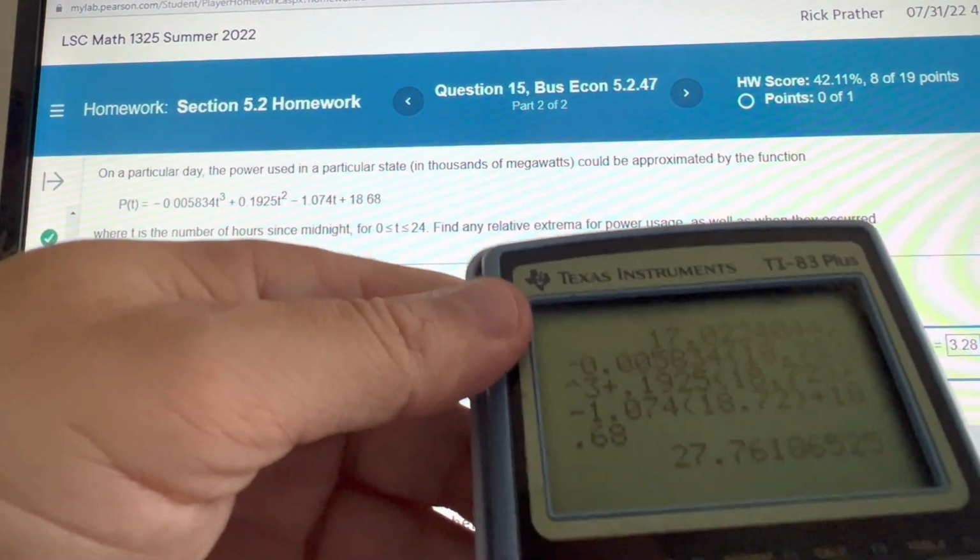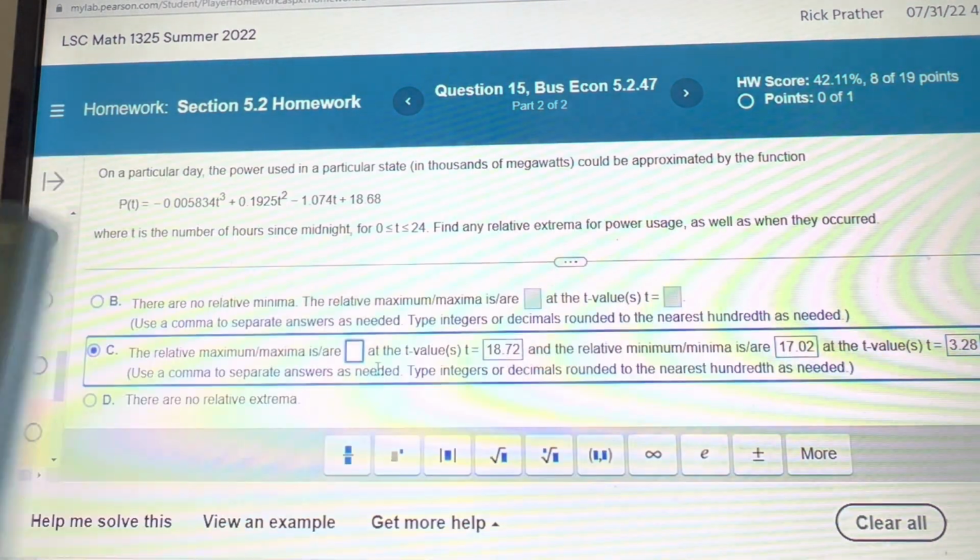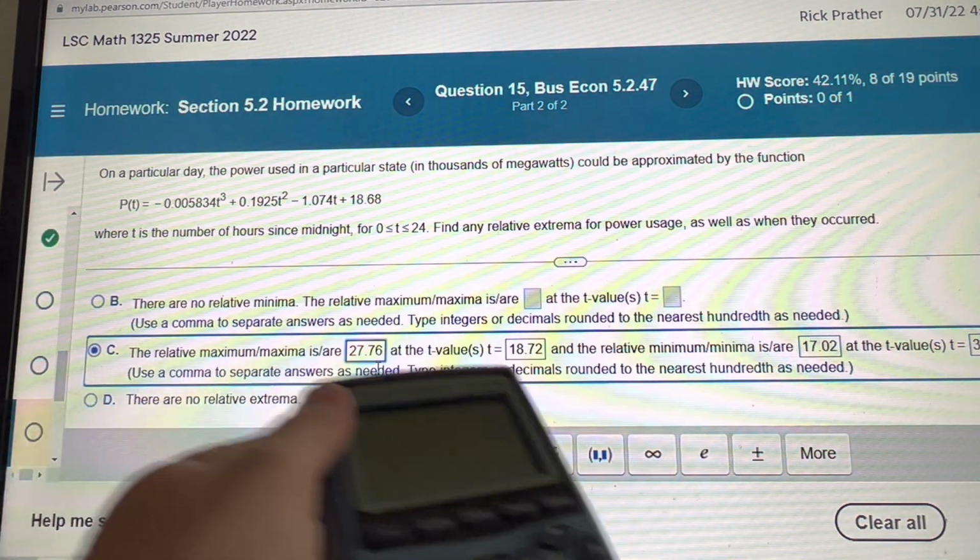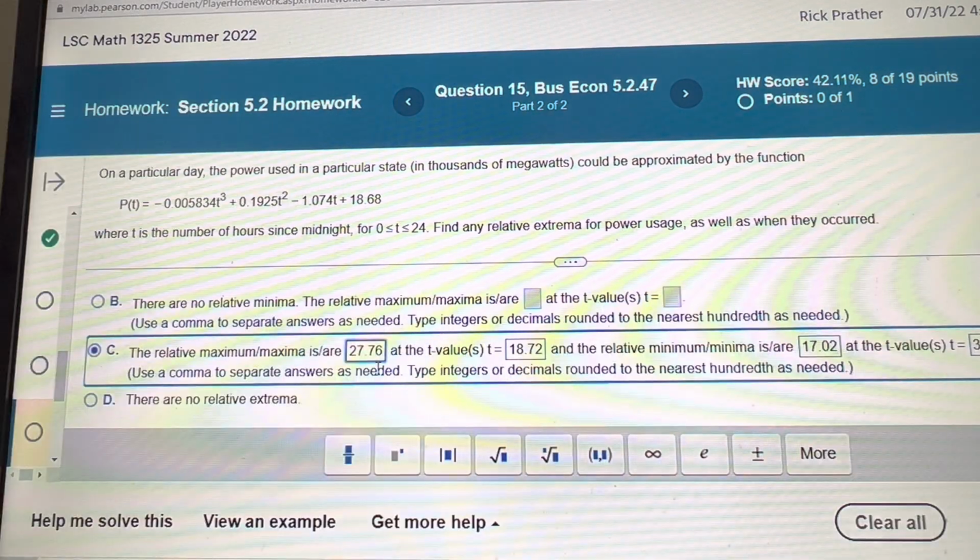So yeah, good, that's bigger, 27.76. In a polynomial, the relative maximum value has to be bigger than the relative minimum value, because the graph can't break apart and do something else somewhere else.